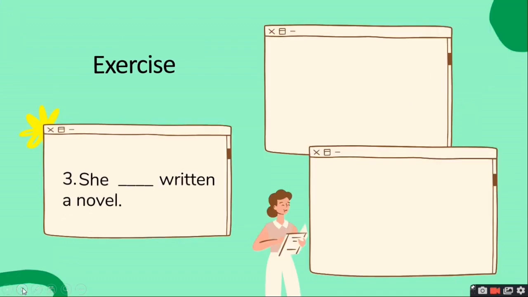Next, she blank written a novel. Because our subject she is singular, we will use has. Why has? If you notice, the tense of our verb in the sentence is in the perfect tense, and it's more appropriate to use the present perfect has written in this sentence rather than the past perfect had written, because the past perfect is often used to indicate that one action happened before another.